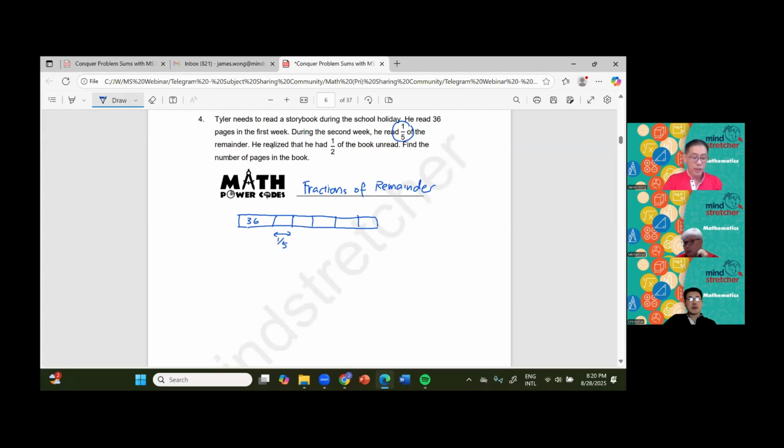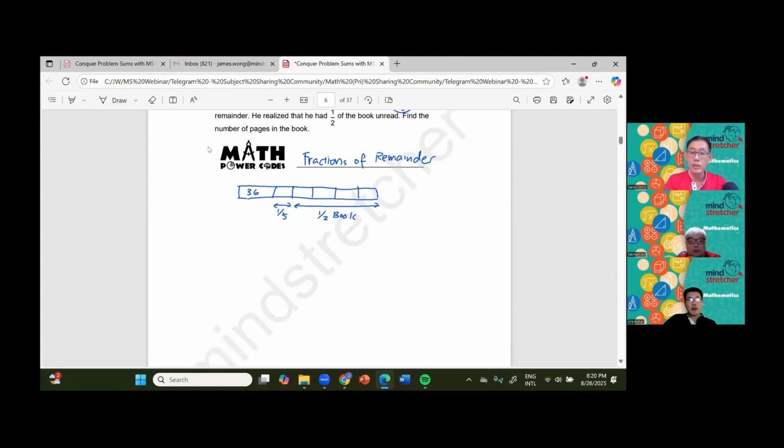The remaining part over here is what is left after I read the 1/5 of the remainder. So this is actually half of the book, half of the total. From here, I think it becomes a bit clearer once you do a quick sketch of this.